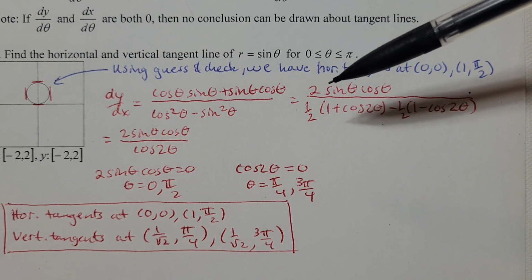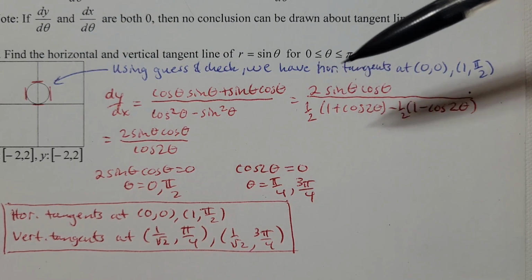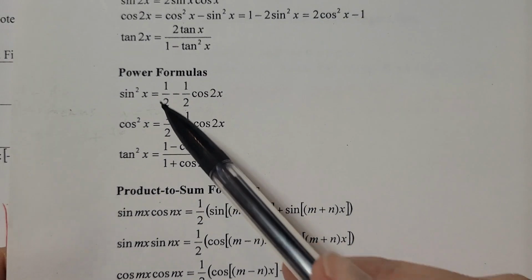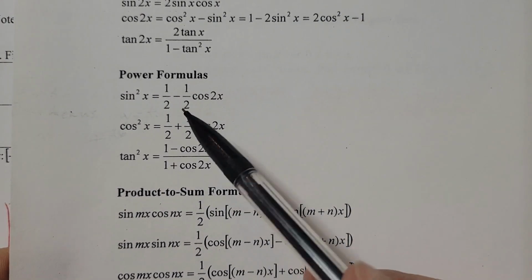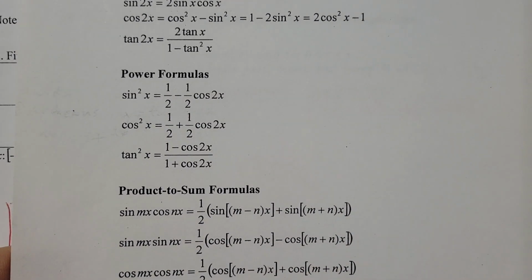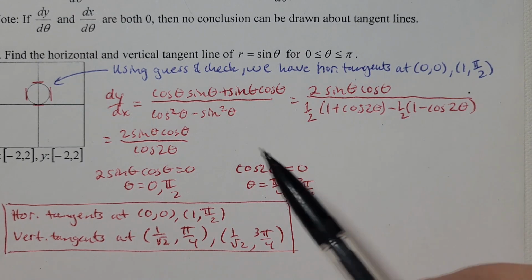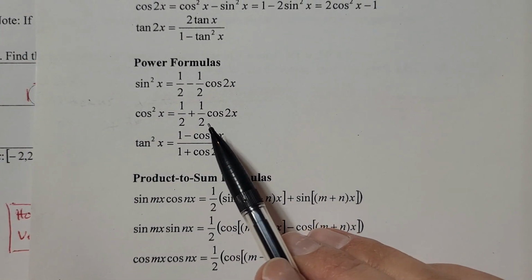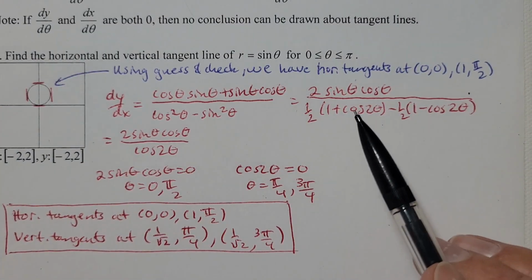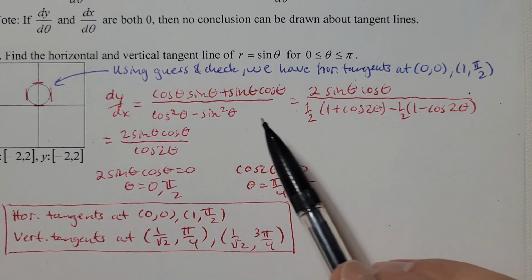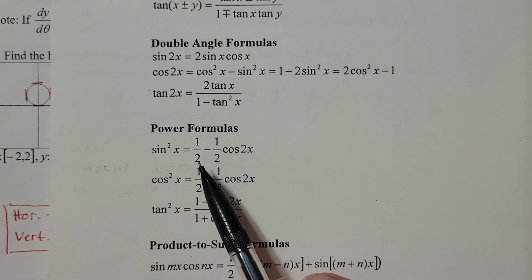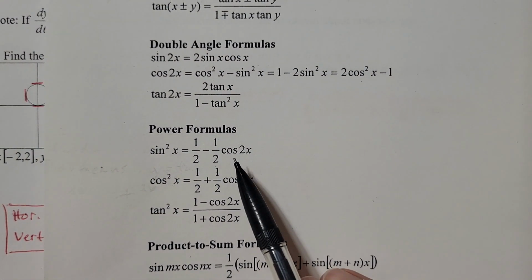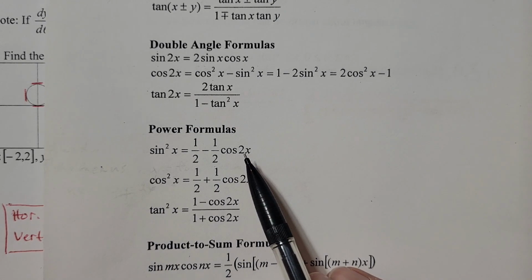let's switch over to the power formulas. By the way, make sure that you know the power formulas here. You're going to use those a lot in this section. The one for cosine squared theta is 1/2 plus 1/2 cosine 2 theta, and for sine squared theta it's 1/2 minus 1/2 cosine 2 theta.